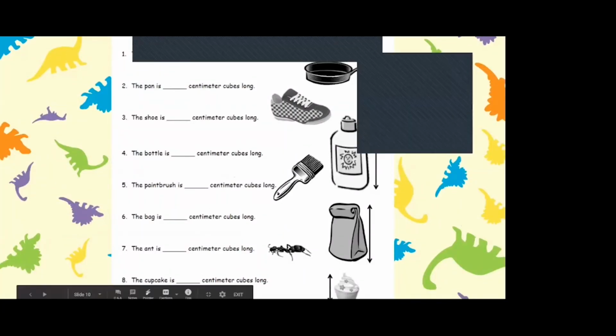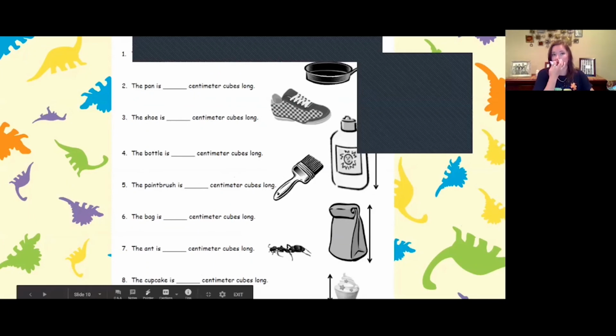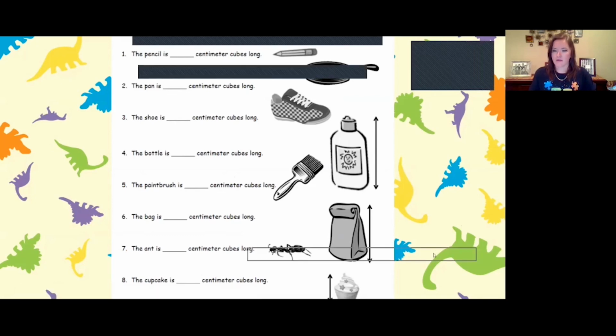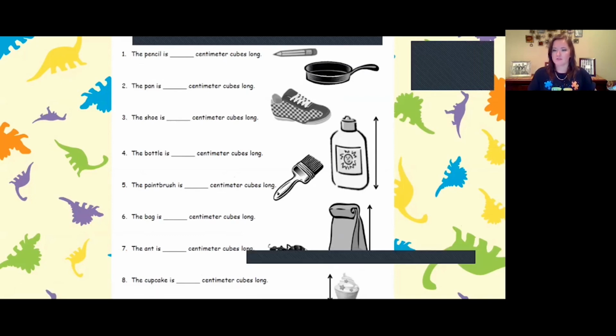So I'm going to share my screen, and I'm going to share myself. Hello. And let's do number 1. So let me grab my markers. All right, here we go. Start with blue. So the pencil is blank centimeter cubes long. So as always, what are we looking for?